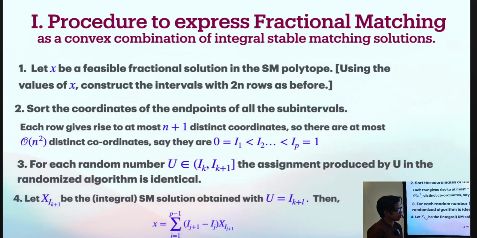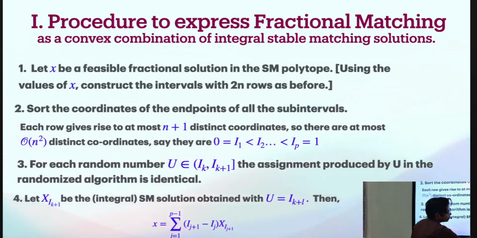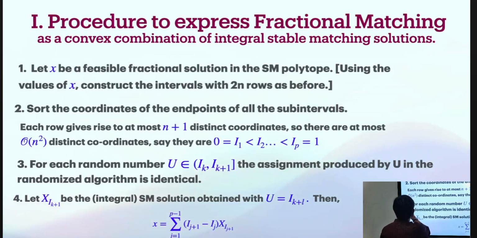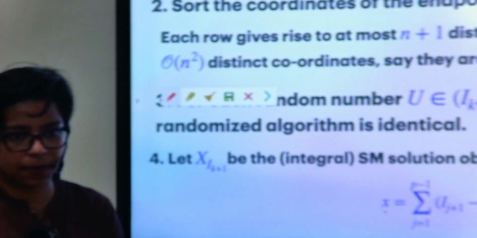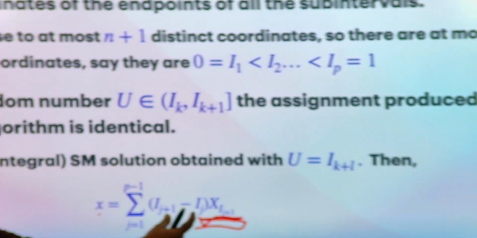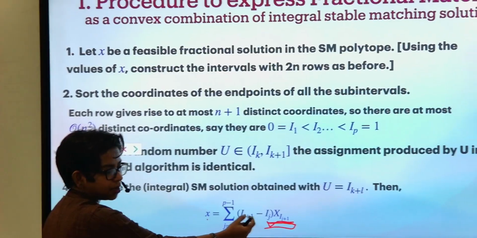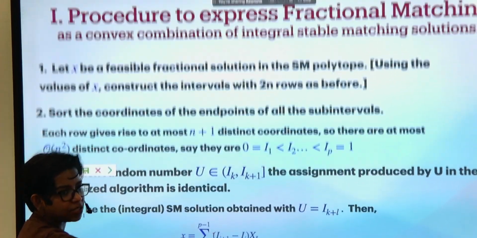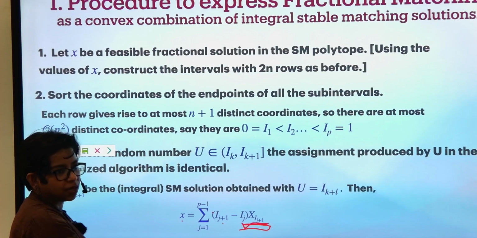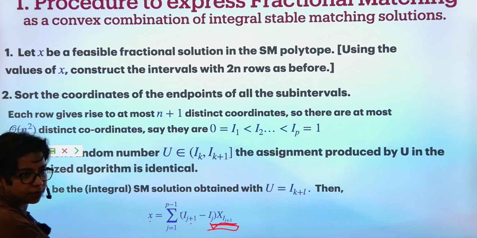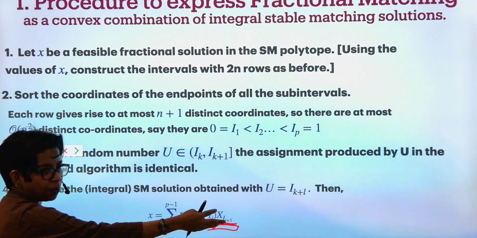So therefore, what have we done? We took these fractional solutions and expressed X in terms of them. And obviously these coefficients are between 0 and 1, because they lie between 0 and 1, so the difference can't be more than 1, and they all add up to 1.